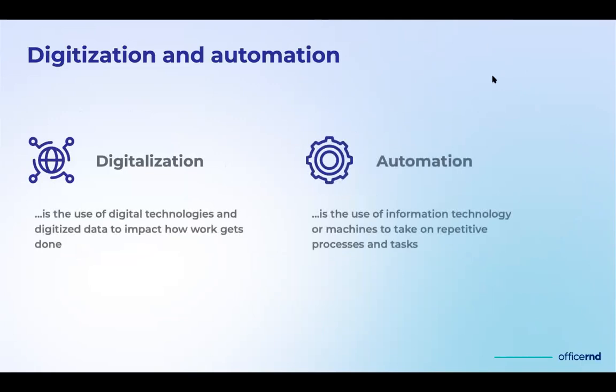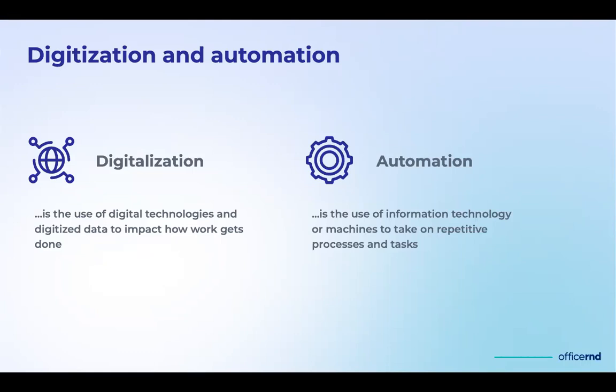Before going into the examples, I just want to make a differentiation between the words digitalization and automation, because very often they're used as synonyms, but actually there are some differences.